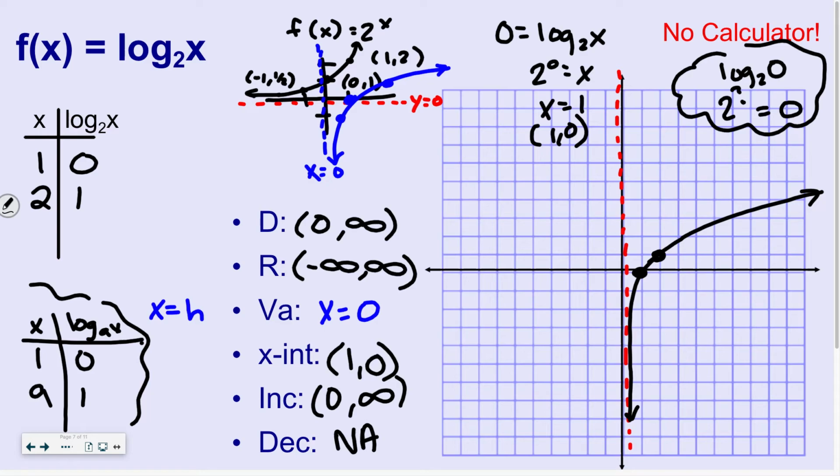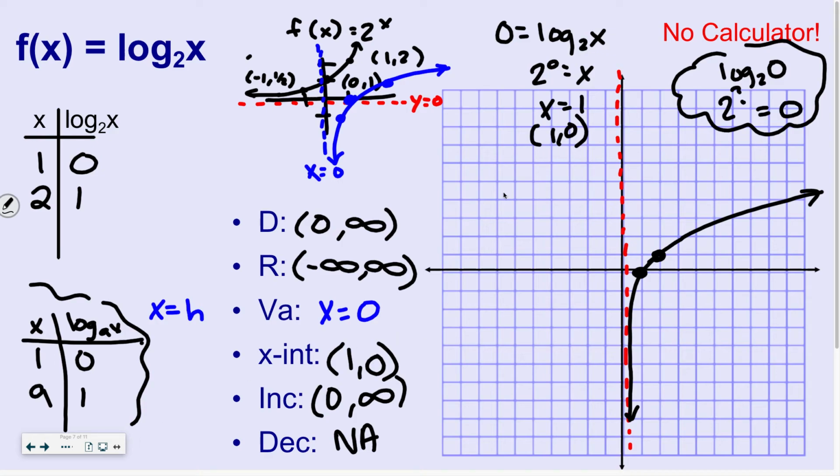Now we argued yesterday that doesn't exist, right? So there is no answer to that, and that's where your vertical asymptote pops in. You also can't do negatives, like log base 2 of negative 2. No exponent turns it into a negative. So whatever it is, it can't be 0 behind the log. Yeah. Okay. Good question. Anything else?